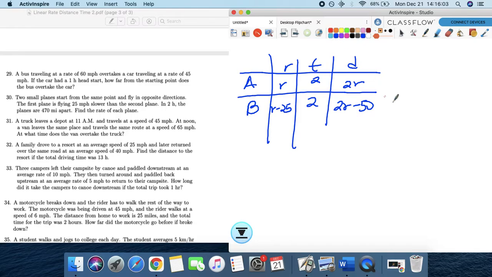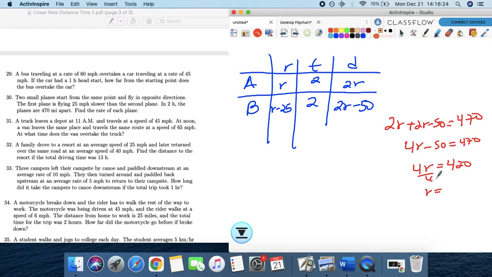So we set up the equation. 2R plus 2R minus 50 equals, what's the distance? 470. So 4R minus 50 equals 470. 4R equals, and let's start cutting corners, guys, 520, and then divide by 4. 520 divided by 4 is 130. So 130 is the speed of the airplane.